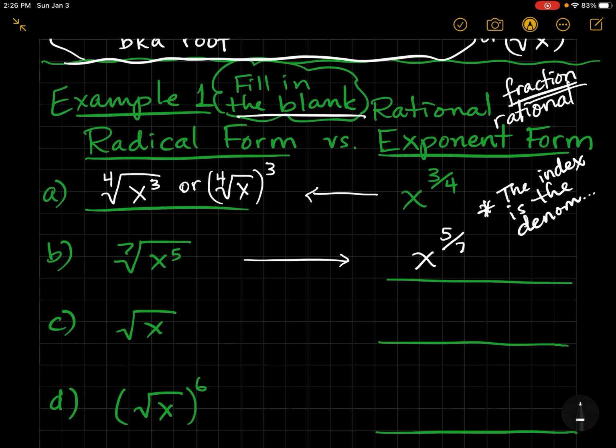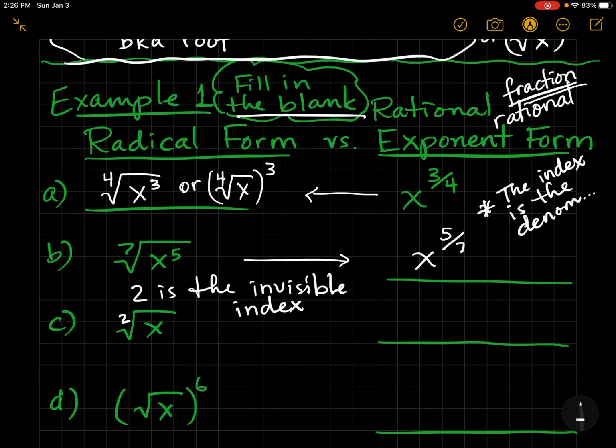Okay, here, what is the exponent, or what is the index, I should say? And whenever there's nothing there, it's always 2. So 2 is the invisible index or root, whichever word you prefer.